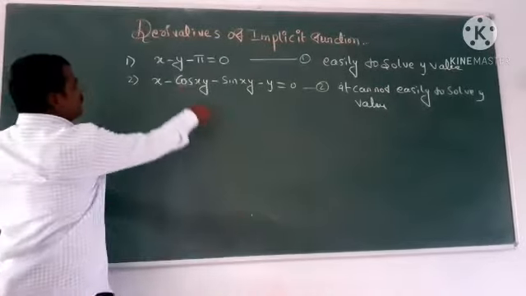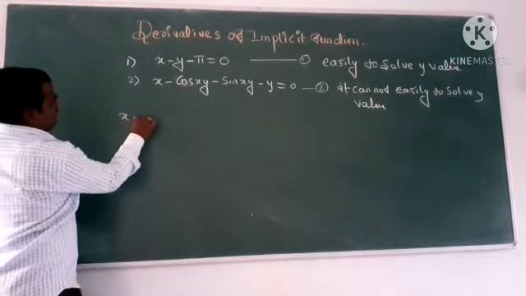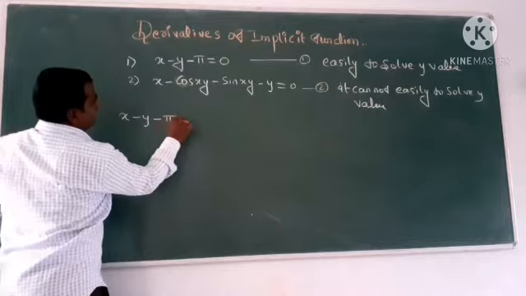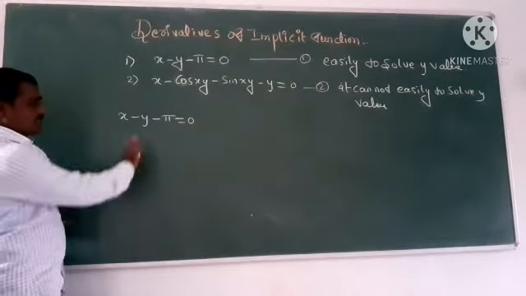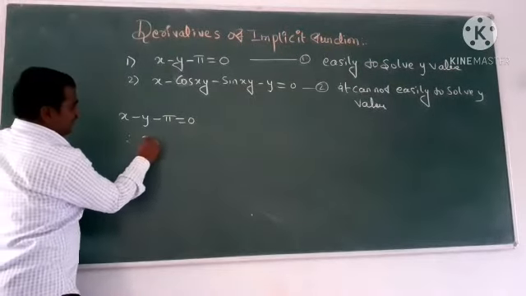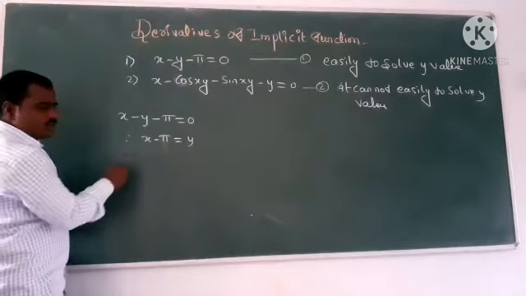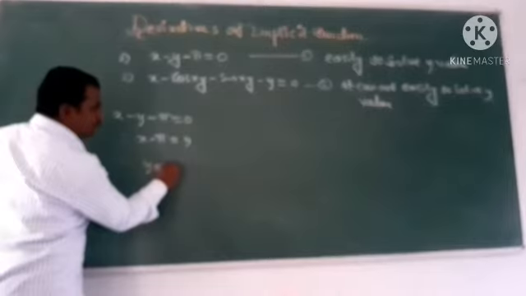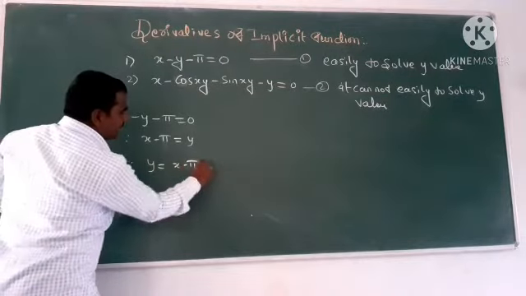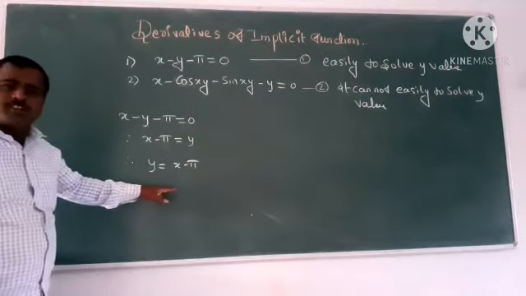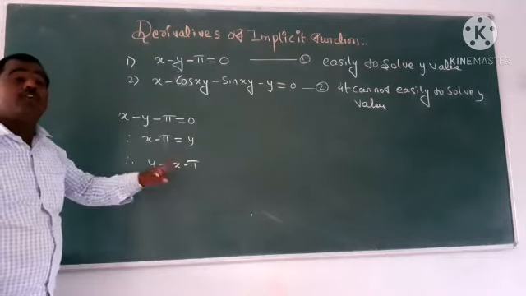Look at equation 1: x minus y minus 5 equals 0. Shift terms to that side, so y is equal to x minus 5. This expression is easy to solve for y.